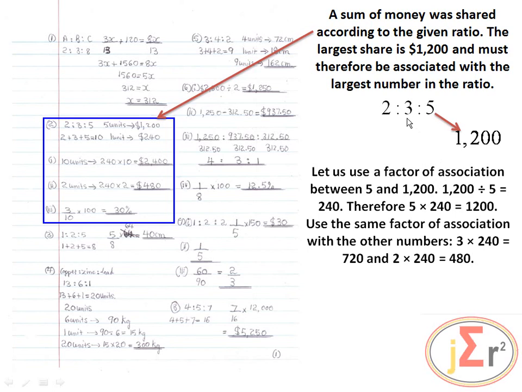And if we say 3 times 240, then that will be the share associated with that. And we will say the same for 2 times 240. There we go. It is as easy as that.